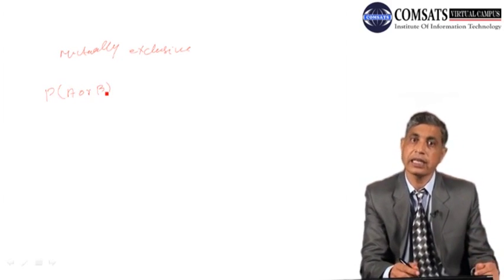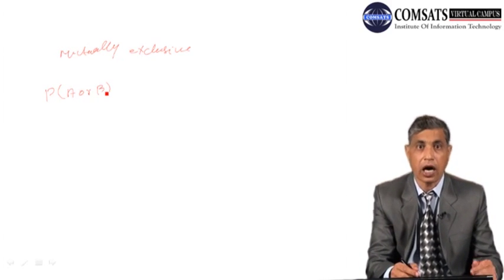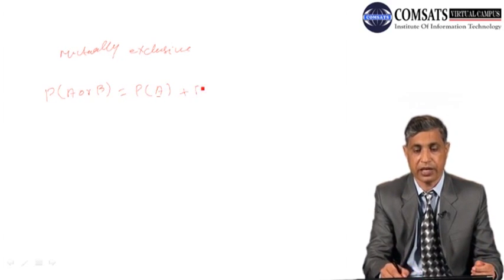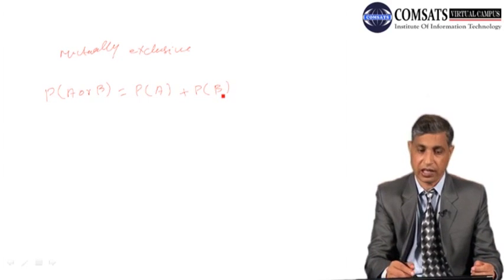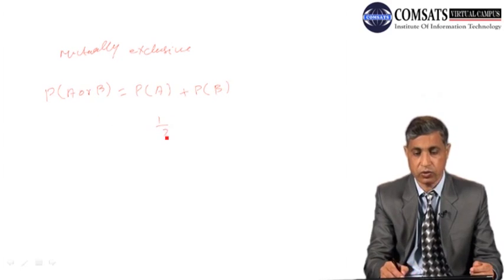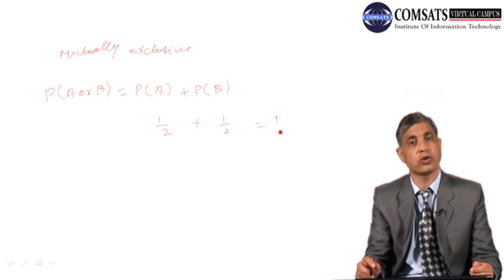It is very simple. I can add these: the probability of A plus the probability of B. For example, head and tail: the probability of head is 1/2 and the probability of tail is 1/2, and the sum is equal to 1.